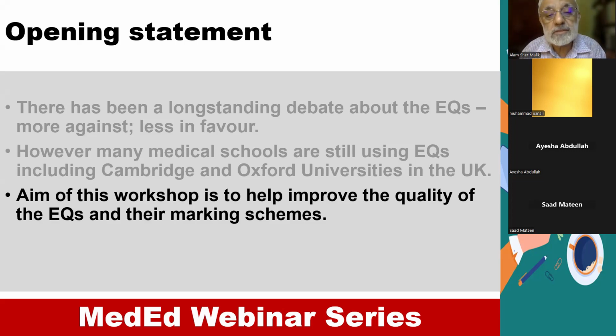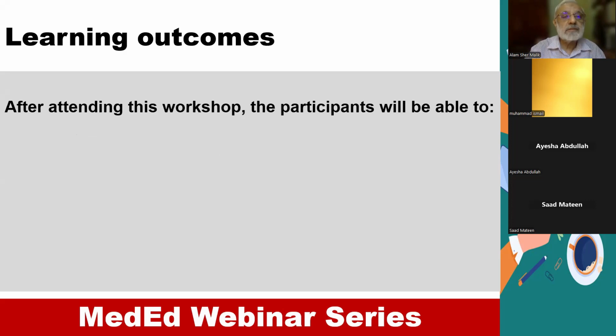So the aim of this workshop is to help improve the quality of essay questions and their marking schemes. With that background in mind, let's look at the learning outcomes.